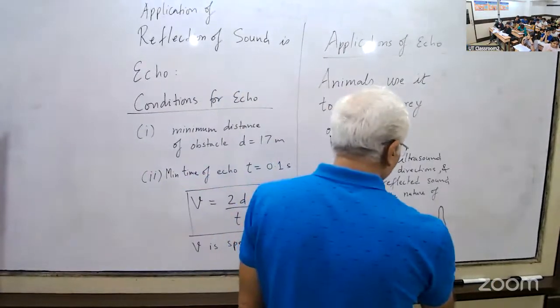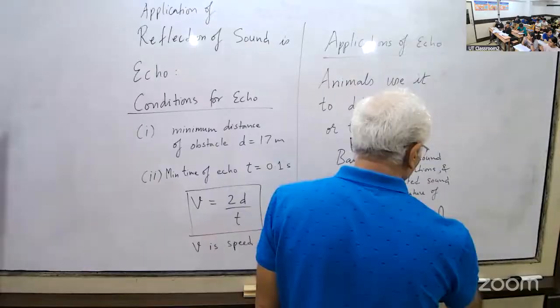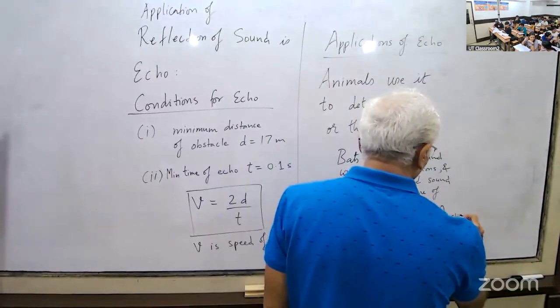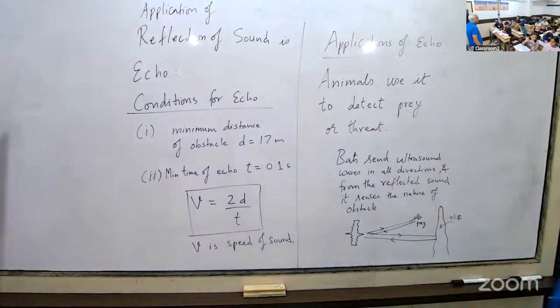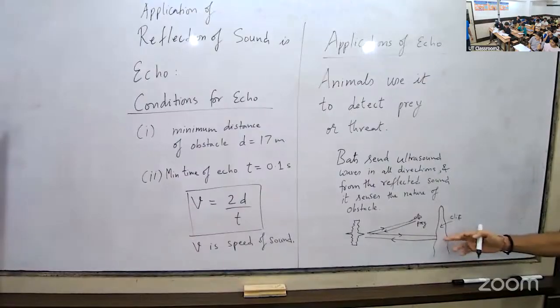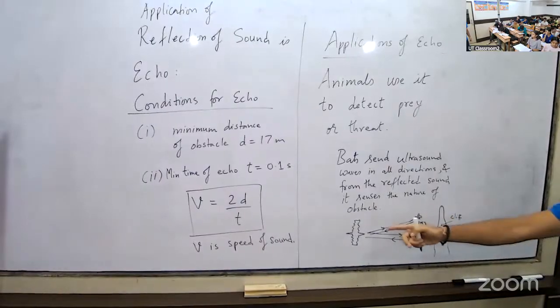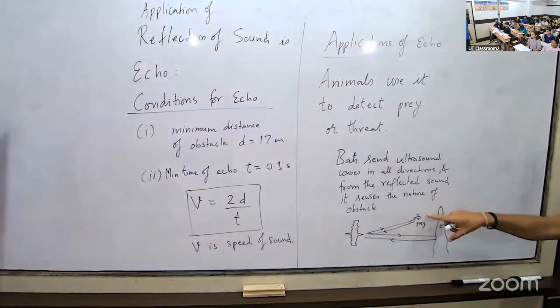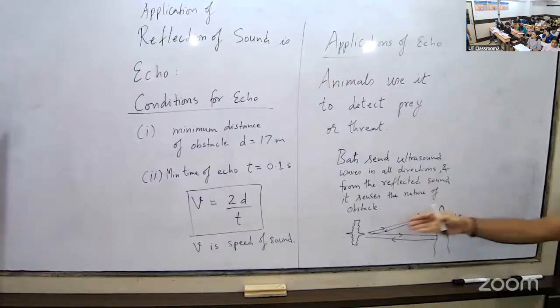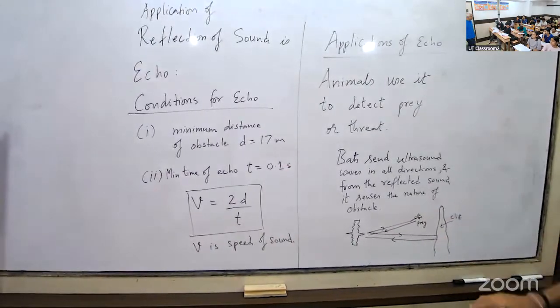Let's say this is a prey. This will be a cliff. So from the reflected ray from the cliff, it will sense that this is a threat. So it will change the direction. And here it will keep flying and grab it. So this is a prey. So from the reflected ray, it will be able to judge whether this is a safe obstacle and this is an obstacle which is not safe. Threats and prey, everything can be detected.